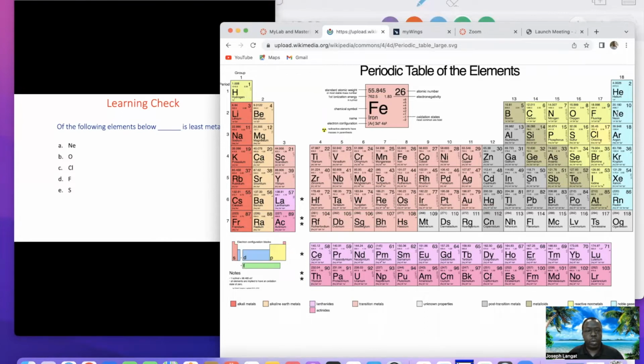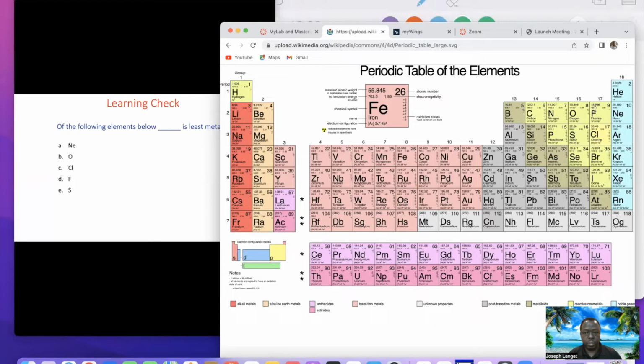So this one is the least. Neon, argon, oxygen. This is neon. It is A. Neon is to the extreme right, so this is the least. Coming towards the left of the periodic table, it is more metallic compared to neon. Chlorine, metallic character increases.